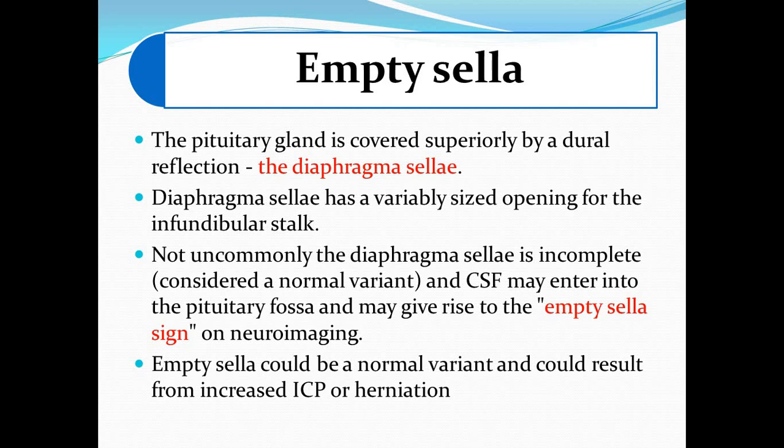If it is asymptomatic, it's mostly a normal variant because of incomplete formation of the diaphragma sellae, or a large opening of the infundibular stalk, so the CSF is entering the sella turcica. But if there are symptoms of increased intracranial pressure, like headache, nausea, vomiting, or maybe herniation, and you see it on the images, then this is probably a consequence of these pathologies.